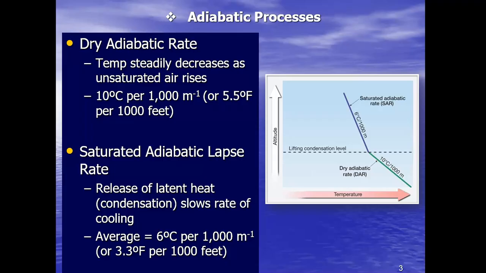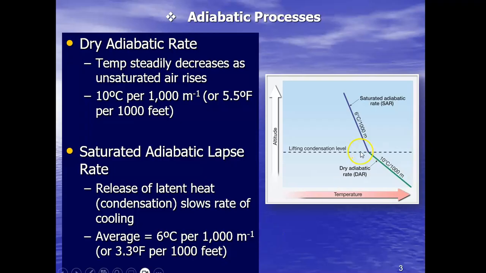The average rate of cooling at the saturated adiabatic lapse rate is 6 degrees Celsius per 1,000 meters. The dry rate is 10 degrees Celsius per 1,000 meters, and the saturated rate is 6 degrees Celsius per 1,000 meters.